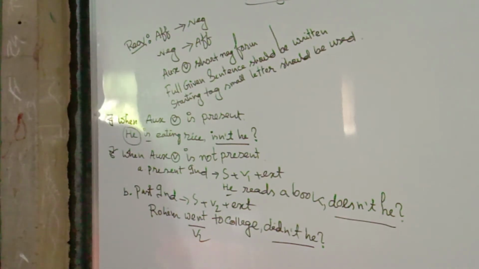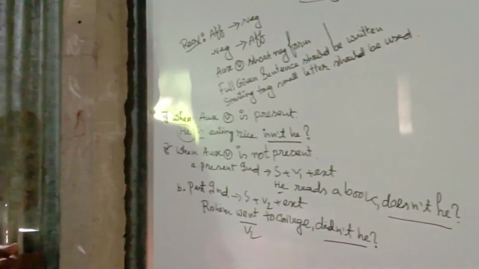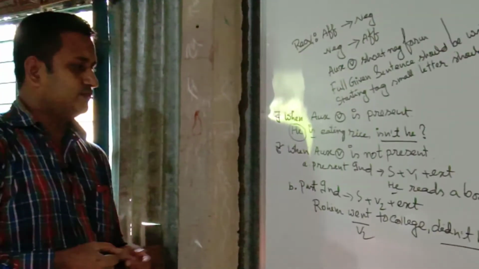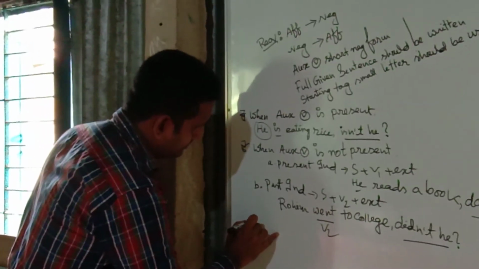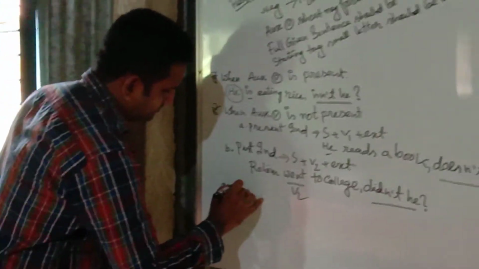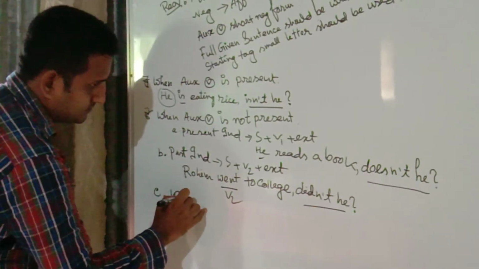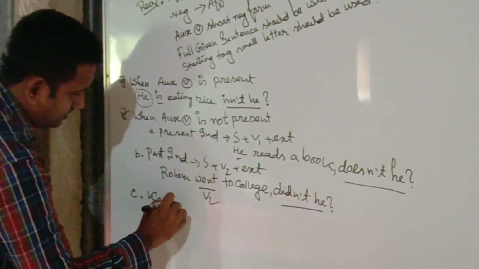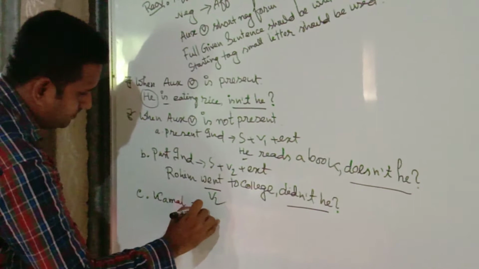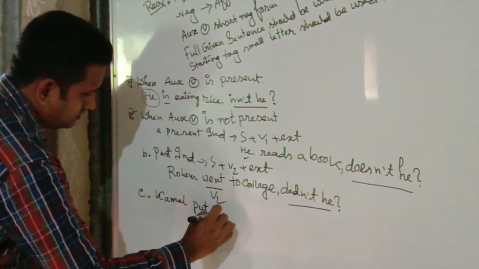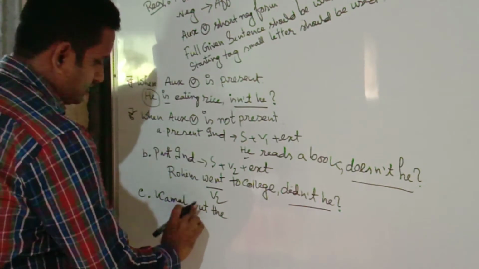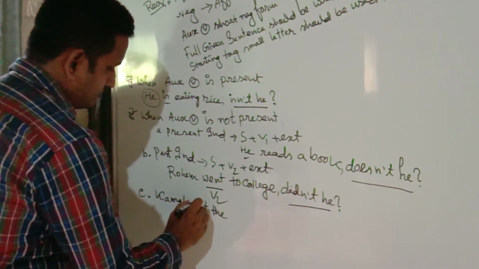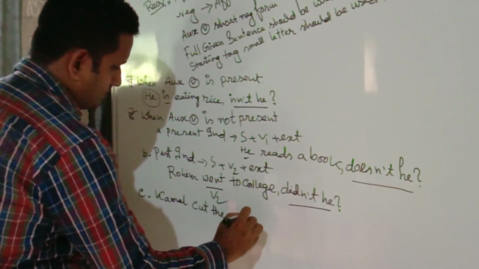But we have to be careful. Some verbs have all three forms the same. That means read, cut, or put. Kamal put. Kamal cut the mango.